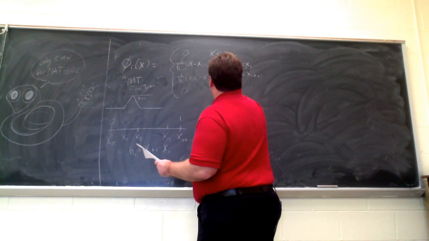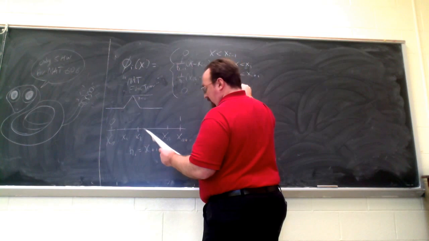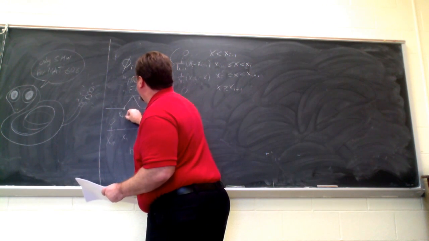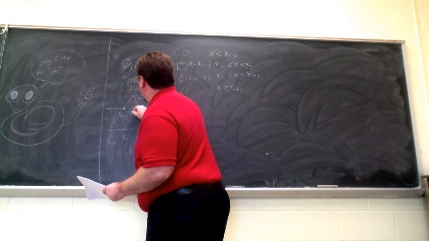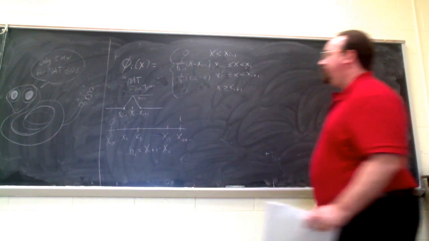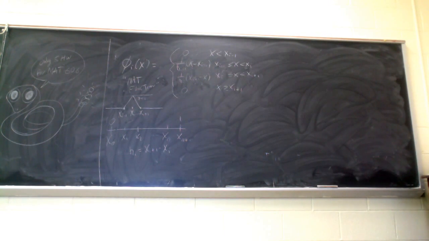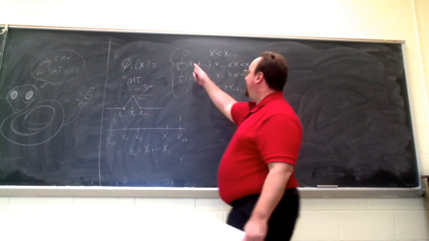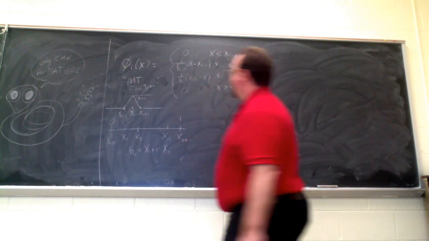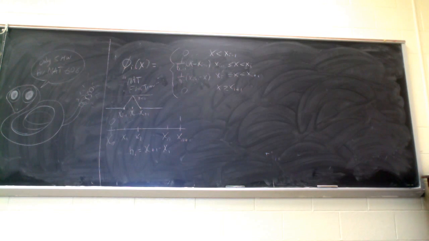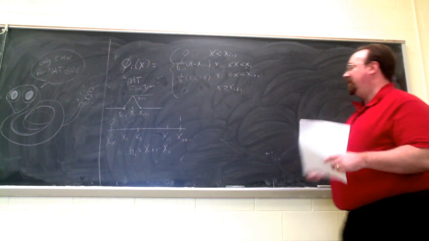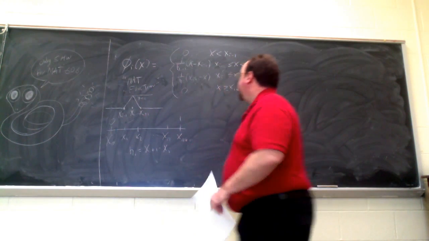And then 0 after that. So right here is x i minus 1. Right here is x i. Right here is x i plus 1. So it's only non-zero between those 3 points. Everywhere else is 0. These constants are meant to make sure that at x i it is equal to 1. So again, it's just finding the equation of a line between 2 points. So the slope is 1 over the spacing.